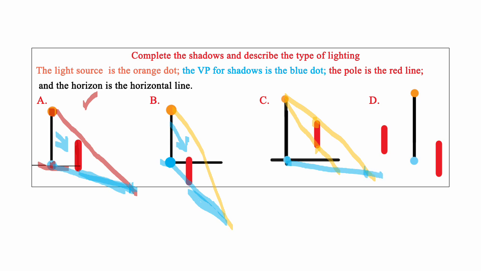So then the shadow goes from this point to this point. And then the last one is artificial light because the vanishing point is on the ground, and it goes through the base of both of these poles, and the light goes through the top so we can find these shadows.